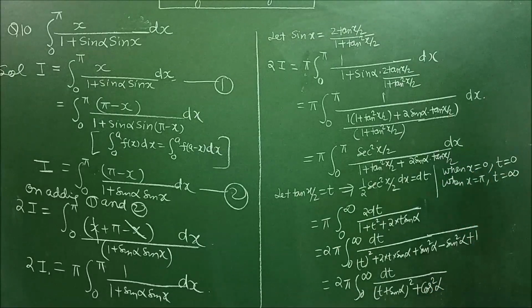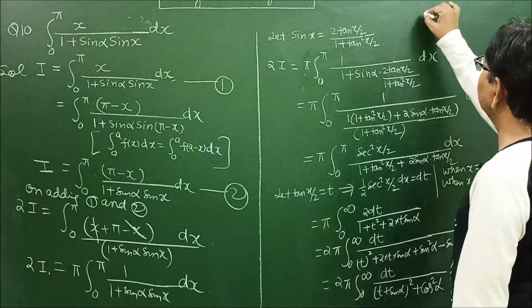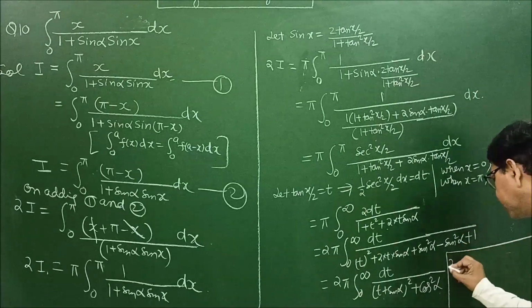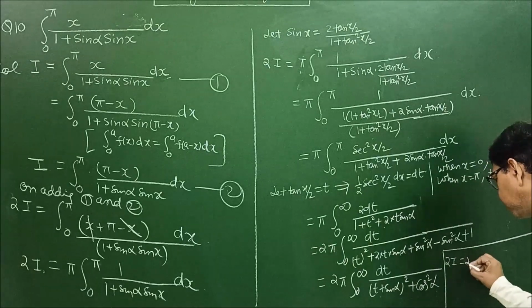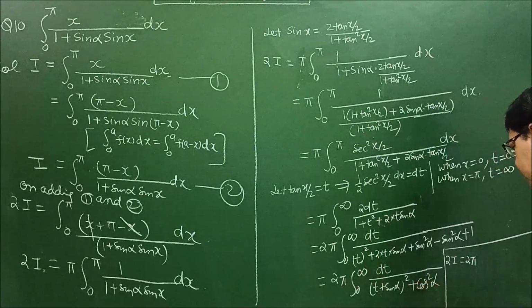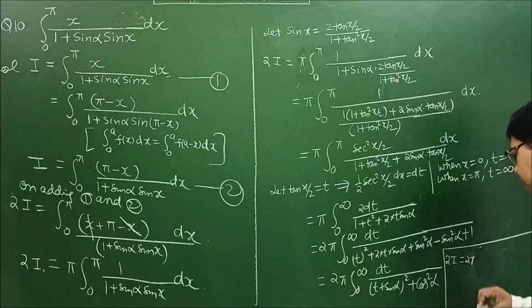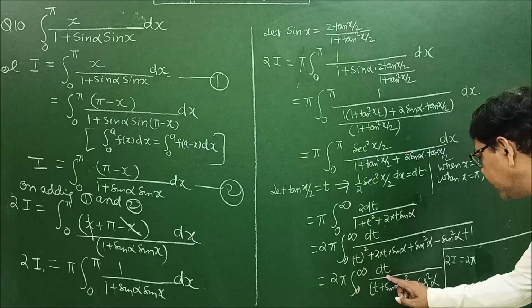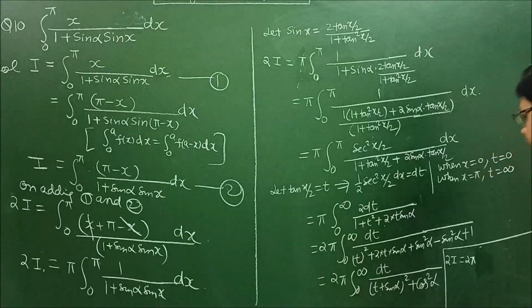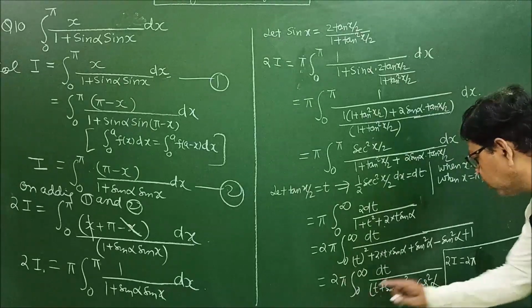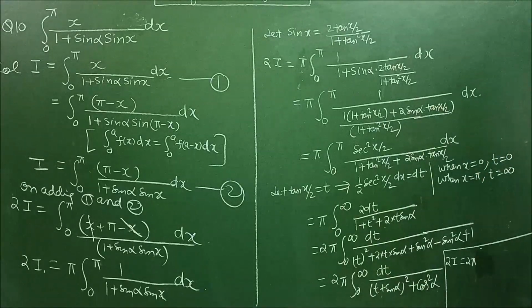Now this integral is in the form of dx upon x square plus a square, so I can write 2I is equal to 2 pi into the integral from 0 to infinity of dx upon x square plus a square. Because this is a constant and t has coefficient 1, we can directly apply the formula.